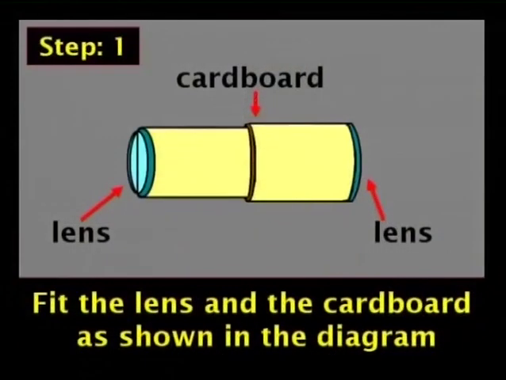I'll give you 2 minutes or so to record your steps, and you will work on that for about 10 minutes. All right, just step 1. Fit the lens and the cardboard as shown in the diagram.